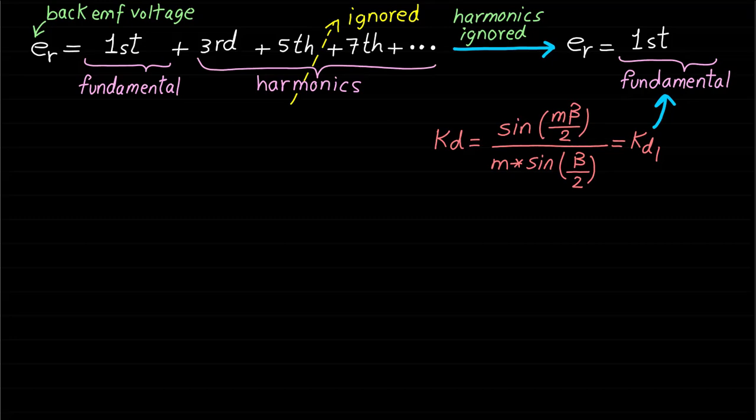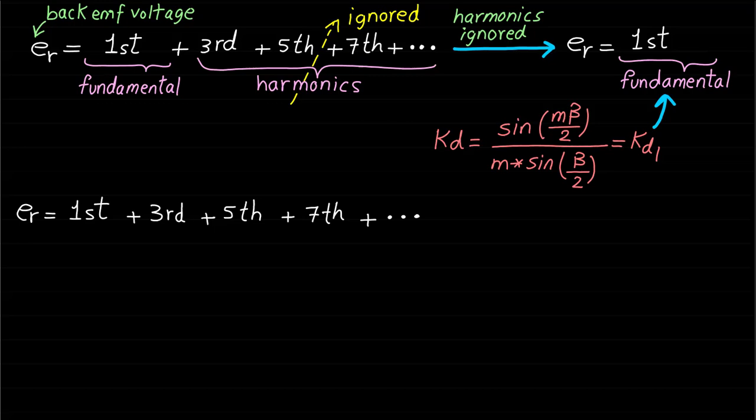Therefore, we need to consider the fundamental component plus the harmonic components, which includes the third component, fifth components, seventh components, ninth components, 11th components, and so on. That means if we use distributed windings or coils, each of these harmonic components, including the fundamental component, will have its own distribution factor.